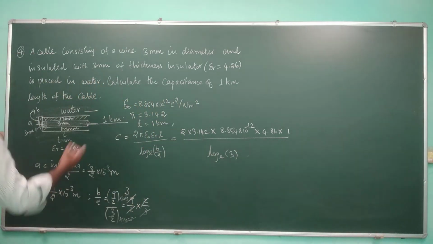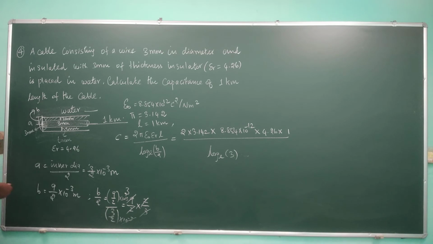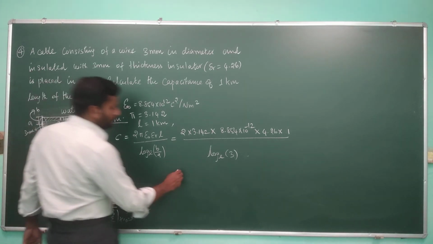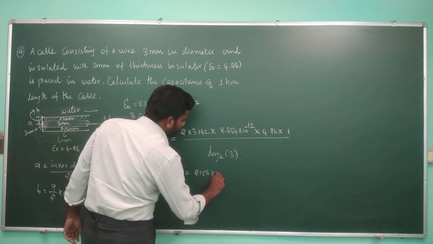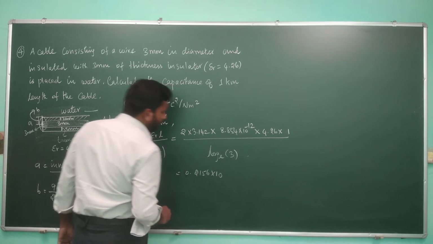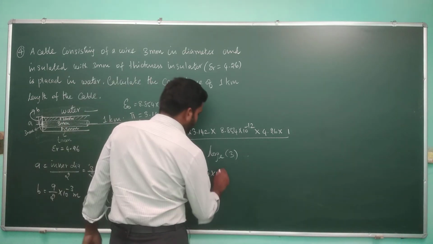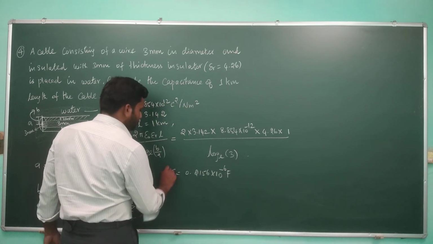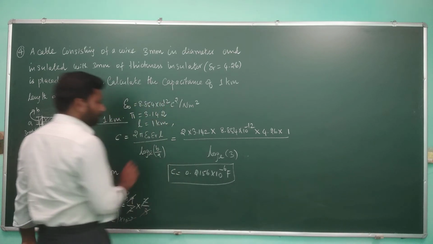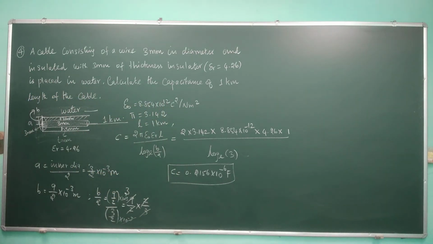If you carry this out, it will give you the value 0.2156 into 10 power minus 6, sorry, microfarad. This is the capacitance. Okay.